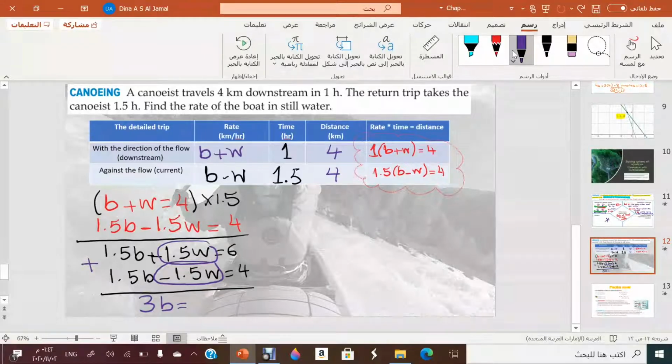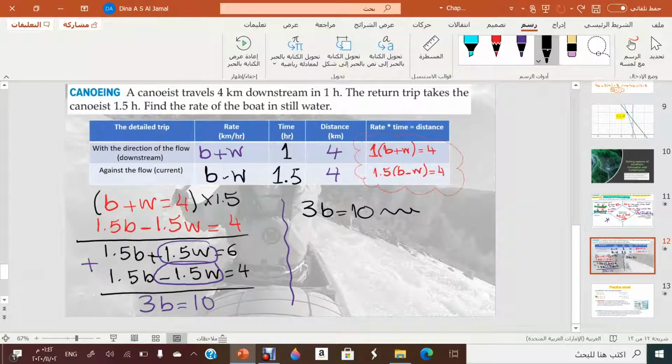And this one will be eliminated. 6 plus 4 is 10. Now let's take it aside and solve it. So it will be 3B equals 10. Divide by 3 on both sides. You will have B equals 10 over 3. And the rate will be in kilometers per hour.